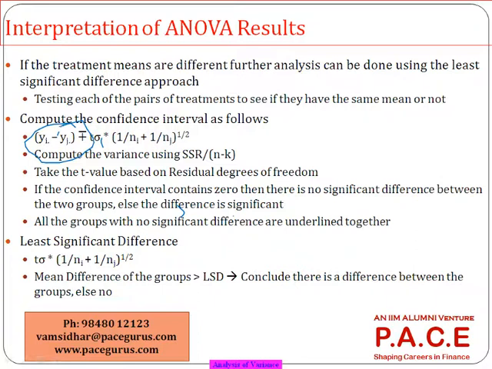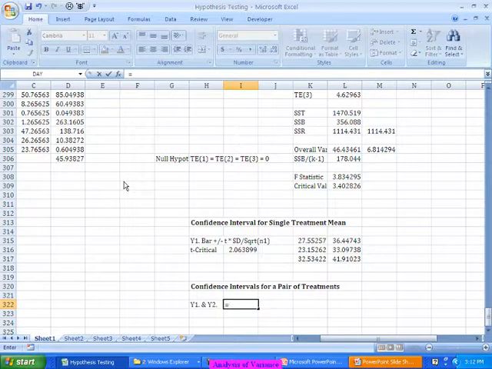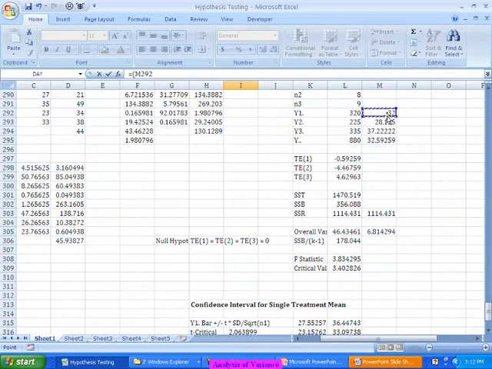The same logic, so probably y1 dot and y2 dot if I want to find out. First I'll find out the difference between y1 dot bar and y2 dot bar.